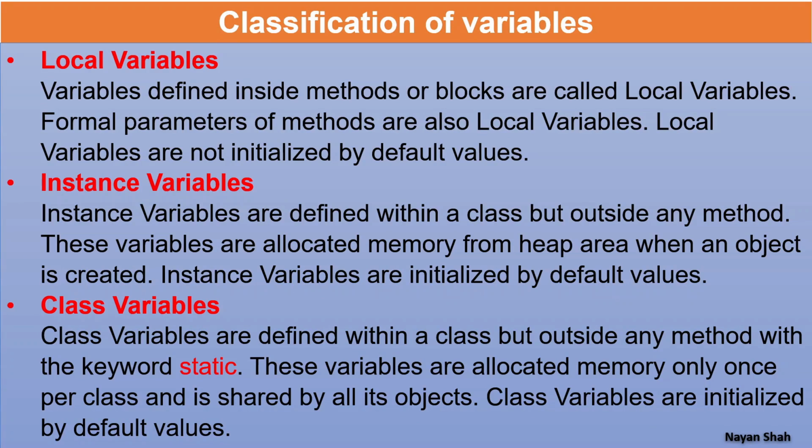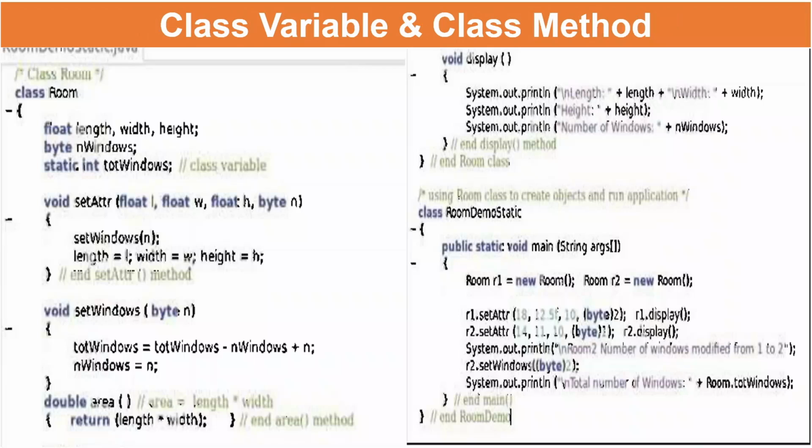Instance variables are defined within a class but outside any method. In the Room class, height, width, length, and nWindows are instance variables because they are not defined within any method. They are defined within the Room class, outside any method.